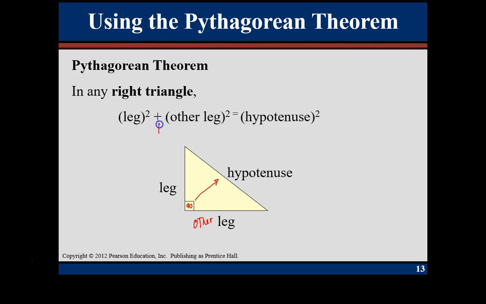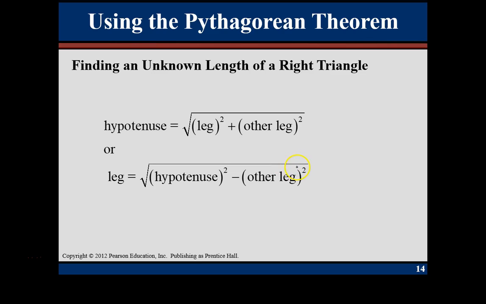The sum of the legs squared is equal to whatever the hypotenuse is squared. So if you know any two sides of your triangle, a right triangle, you can find the third. If you want to work backwards to find a leg, you can rewrite your theorem.